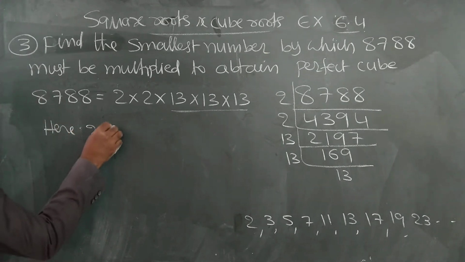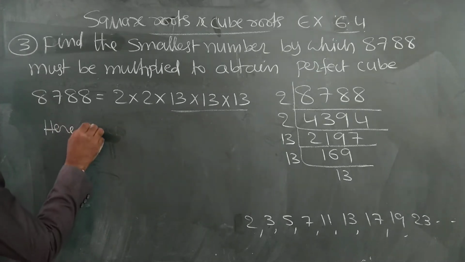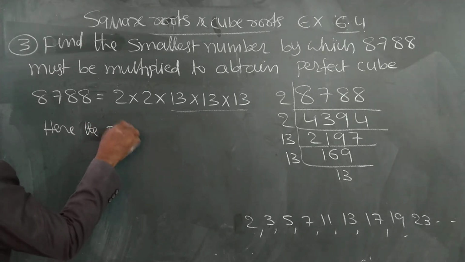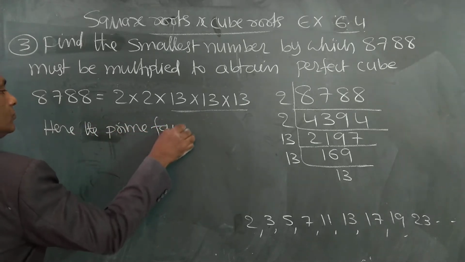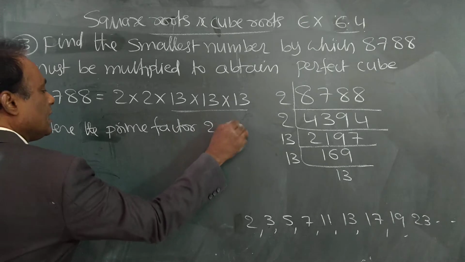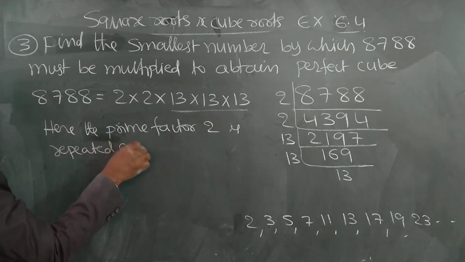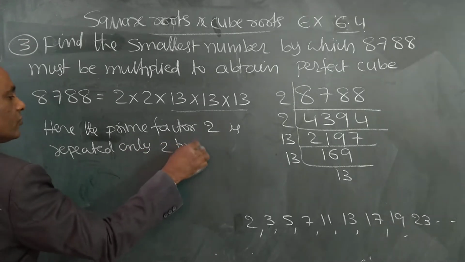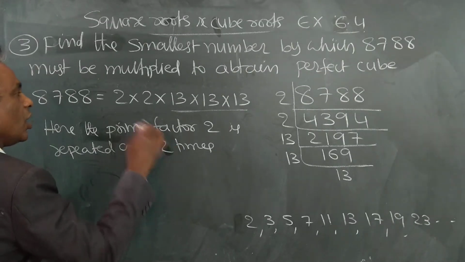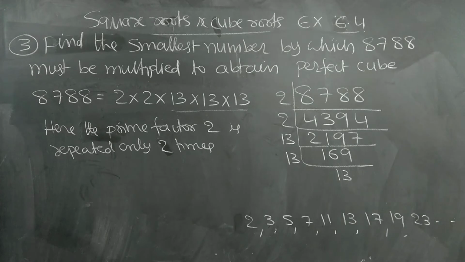So 2, here the prime factor, is repeated only 2 times. How many times should it repeat? 3 times. If it is repeated 3 times, it is a cube.